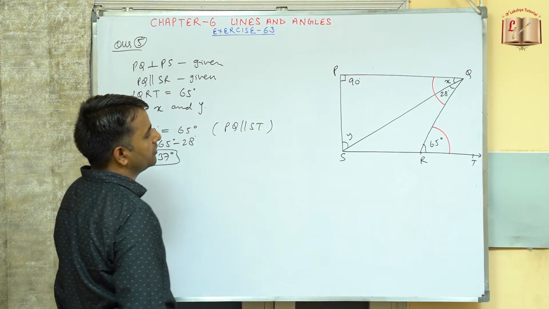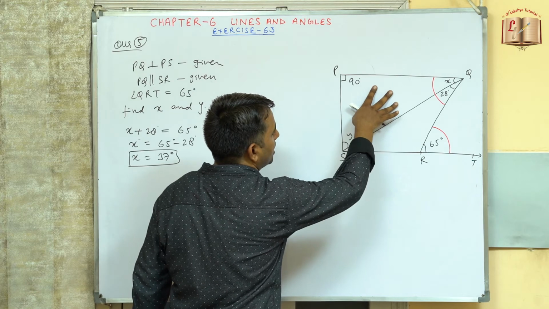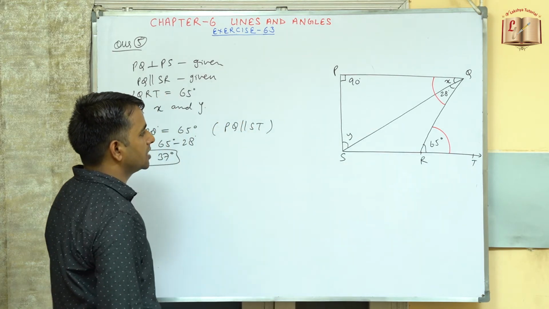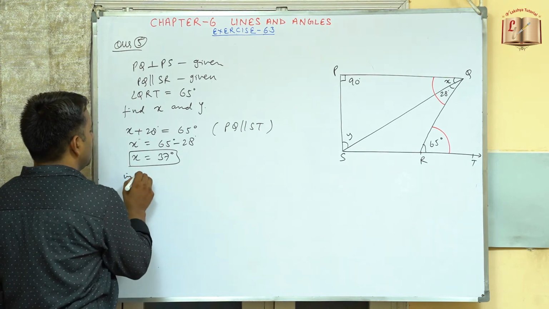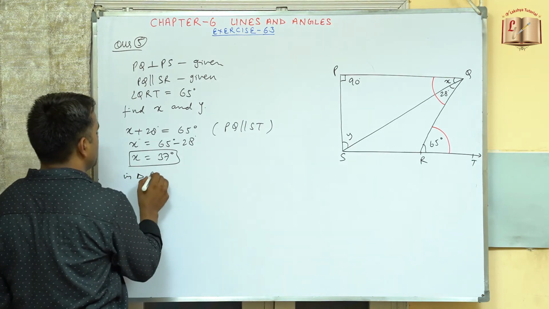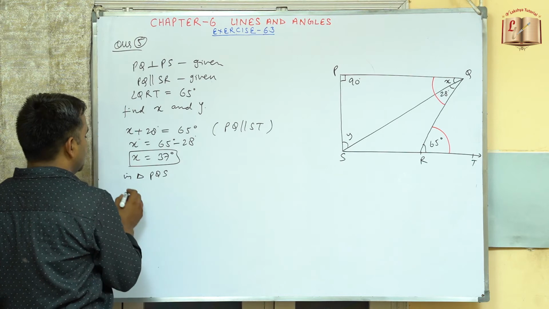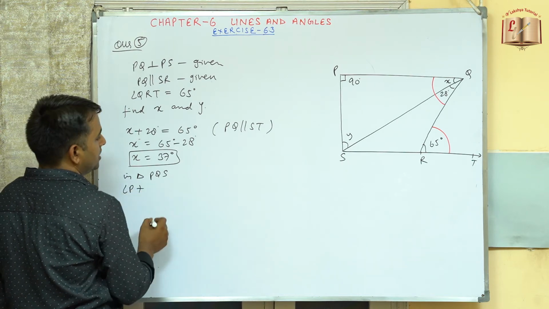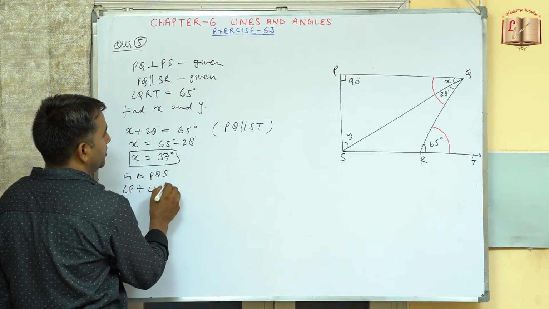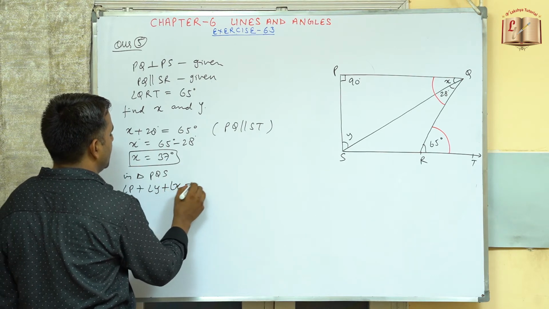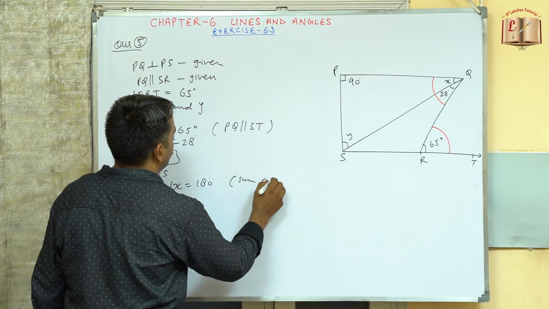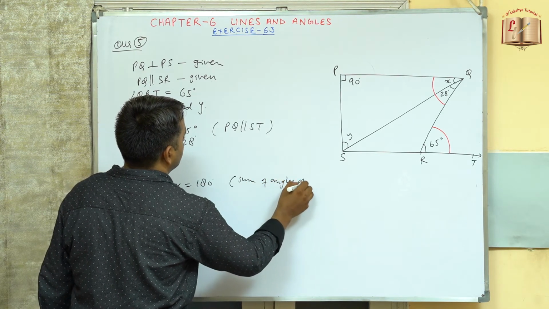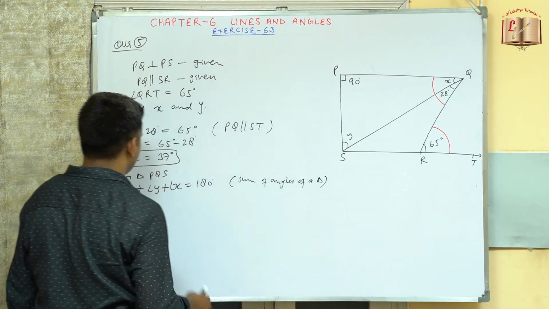Now to find Y, we take this complete triangle. In triangle PQS, angle P plus angle Y plus angle X equals 180 degrees, the sum of angles of a triangle.